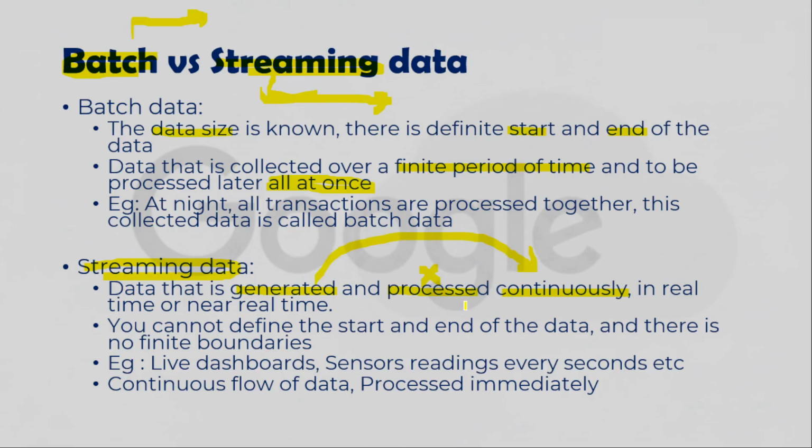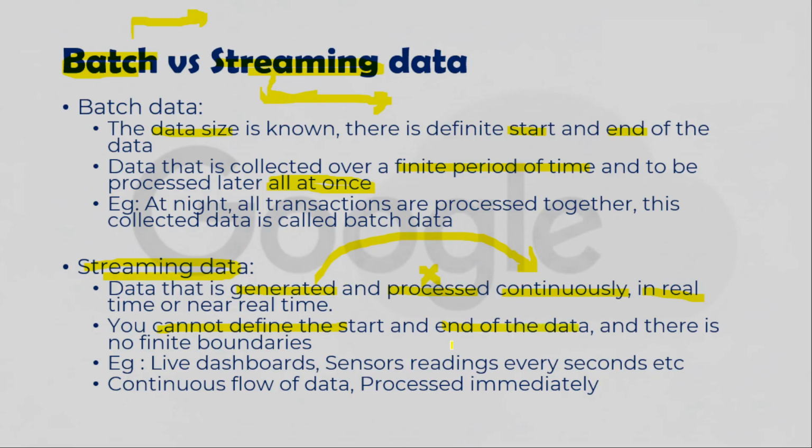I apologize for the wording earlier. The data is generated continuously, and for this continuous generation of data, you need to process it using transformation steps. So streaming data is generated continuously and in real time. Another word for streaming data is real-time data, and here you cannot define the start and end of the data.